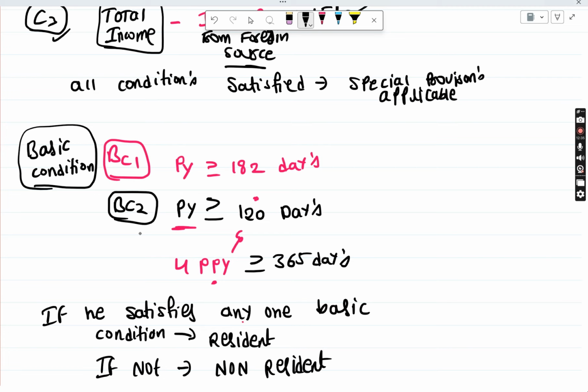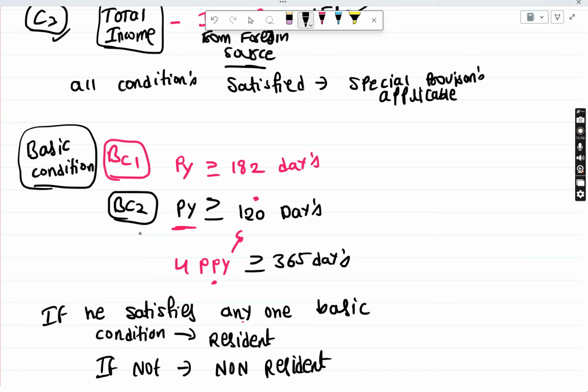So first we will write all these things. We will get super clarity about this only when we do questions on this, or else we won't get clarity. So basic condition 1, in the previous year he stayed more than 182 days, or basic condition 2, in the previous year he stayed 120 days, and in the last 4 preceding previous years he stayed more than 365 days.